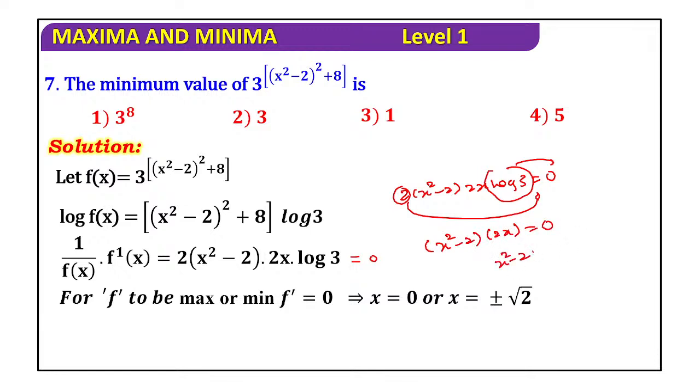Therefore x square minus 2 equal to 0 or 2x equal to 0. Here x equal to 0, and x square will be equal to 2, so x will be equal to plus or minus root 2. So you get x equal to 0 and x equal to plus or minus root 2.